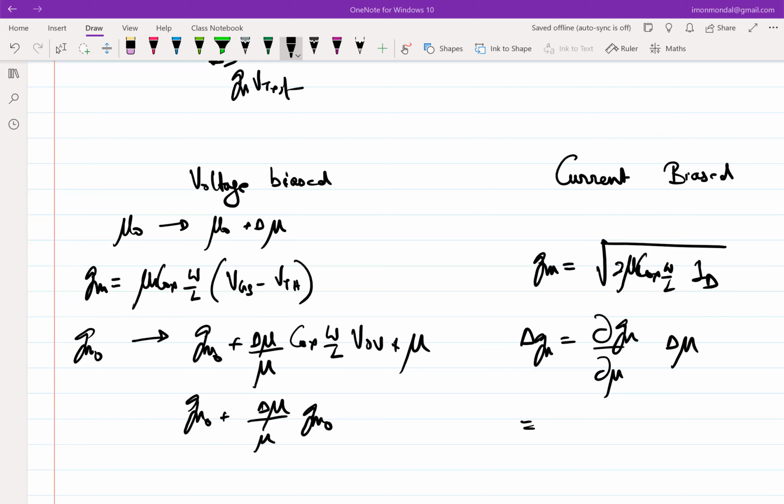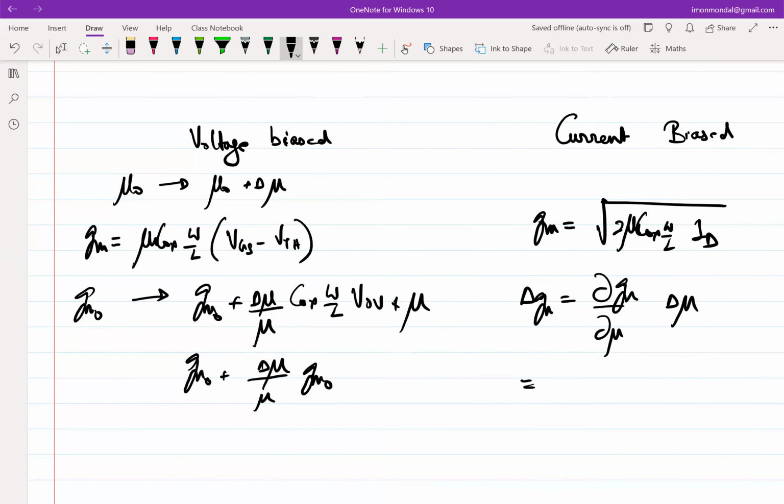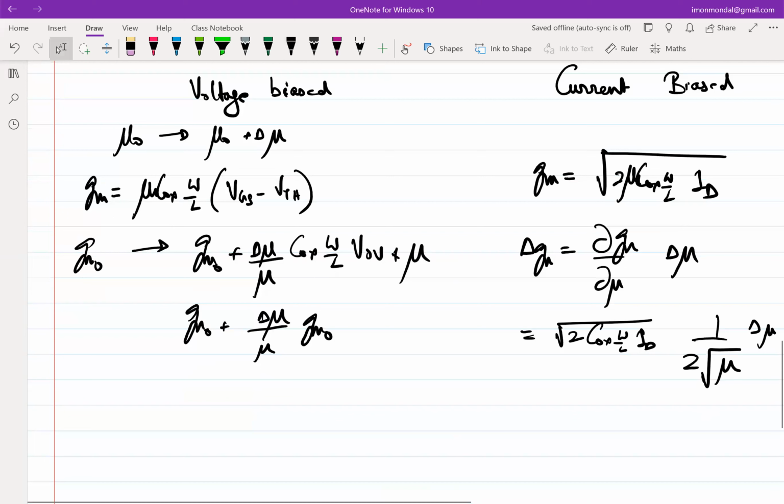No, that's not okay, I'll do it. So this becomes root of 2 Cox W by L ID, then 1 by 2 root mu times delta mu.